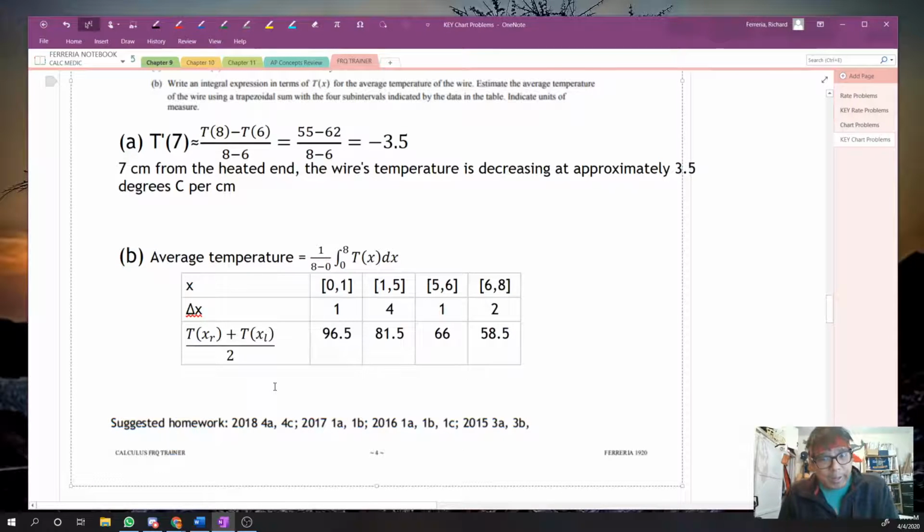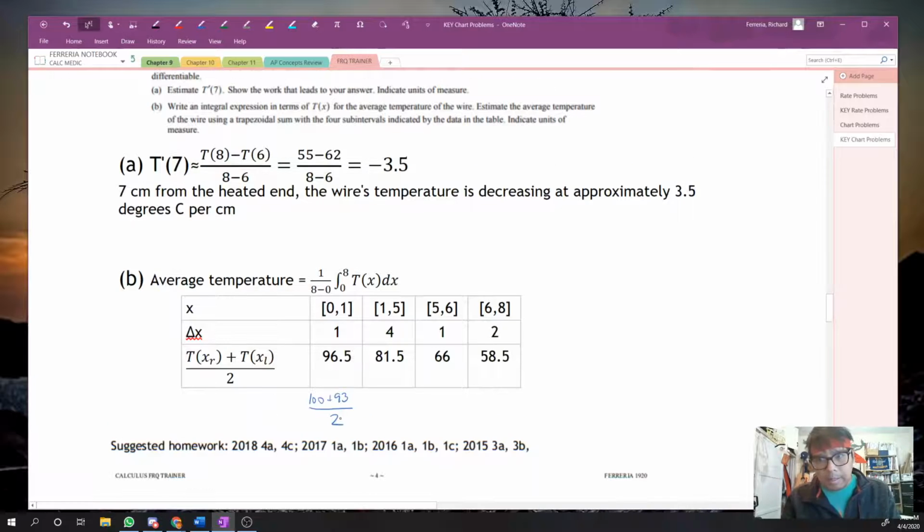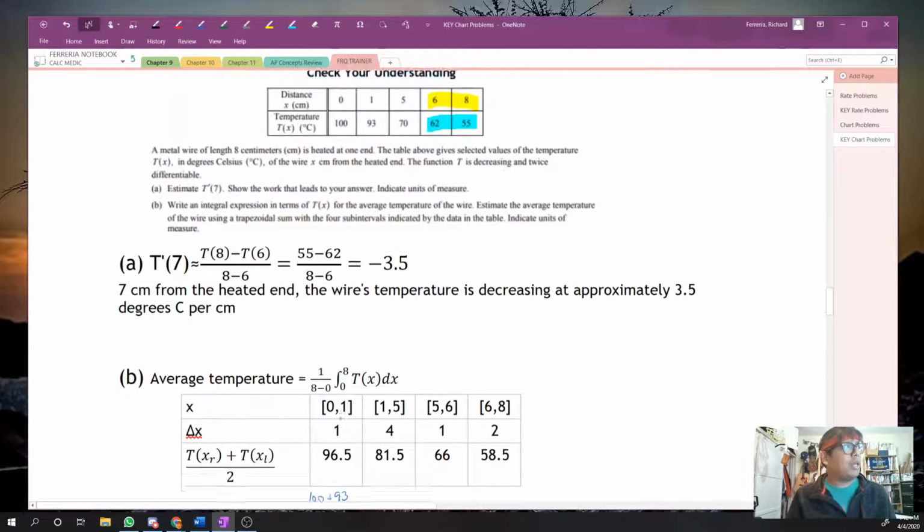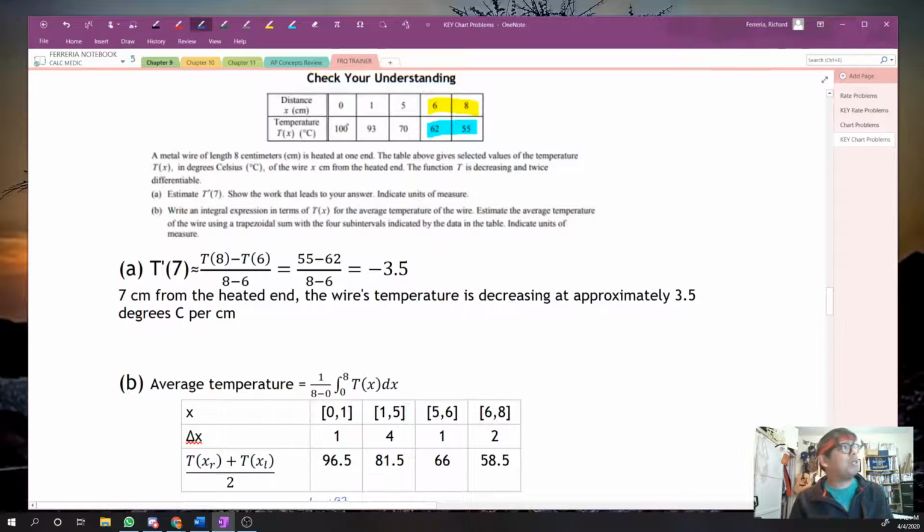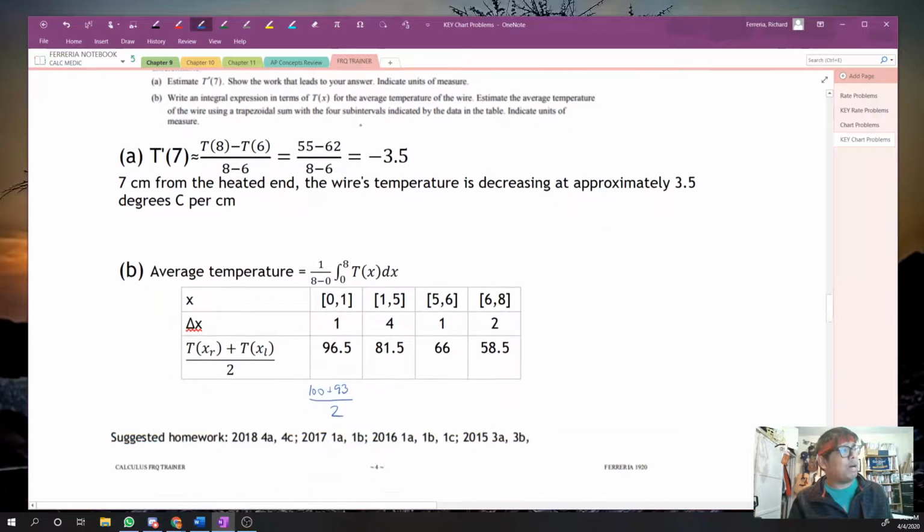Really running out of room here on this one, especially as I'm trying to type it. Now, I haven't gone into showing all the mathematics of finding the averages. I guess we can do one of them. It's really not fancy. It's just 100, which was the point on the left, plus 93, which is a point on the right, divided by 2, and you get 96.5.